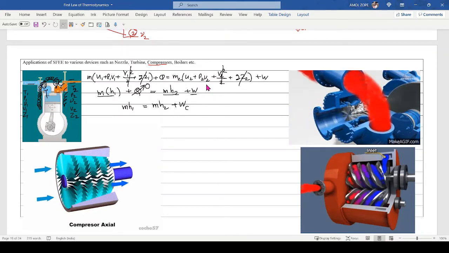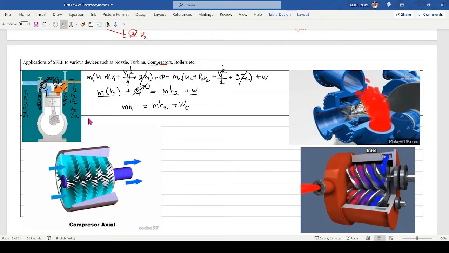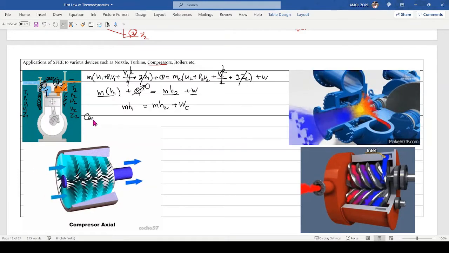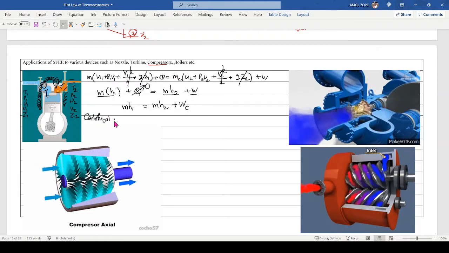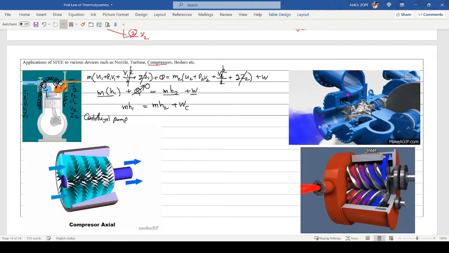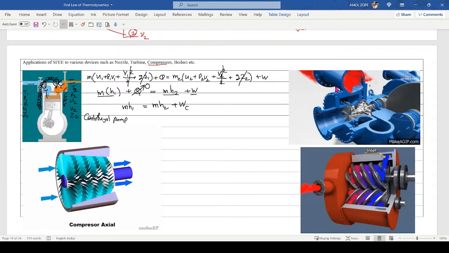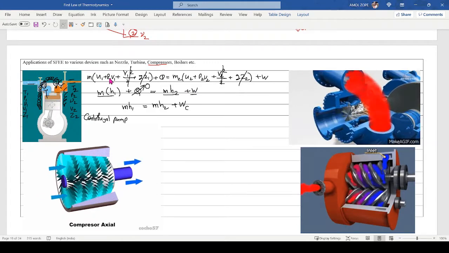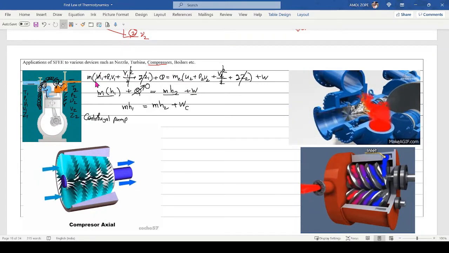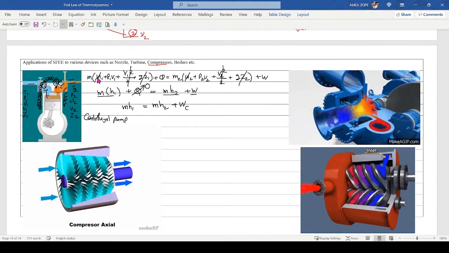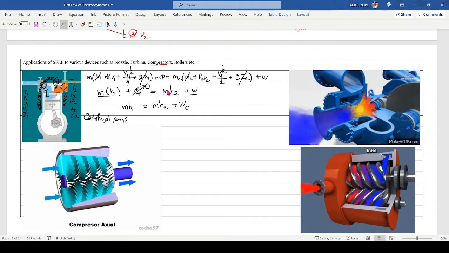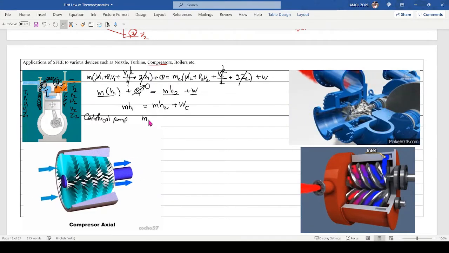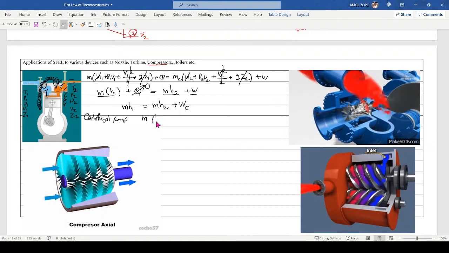Now suppose you are using a centrifugal pump, on the right hand top side figure. I can say that the temperature is not changing, so u1 and u2 are almost remaining the same. So I may write down one equation like this: m into p1 v1.